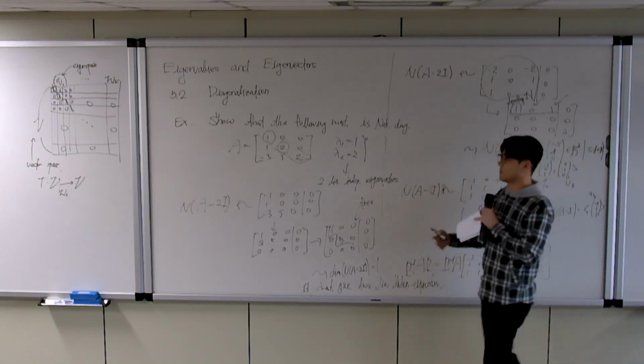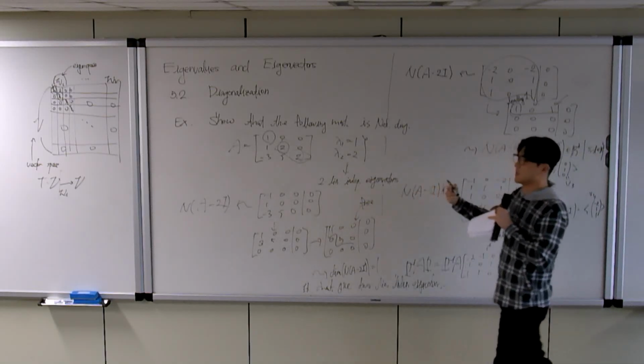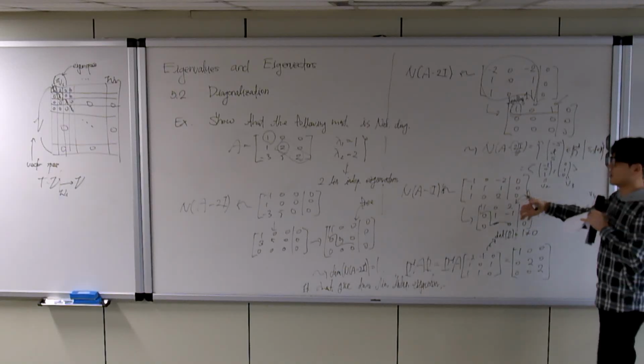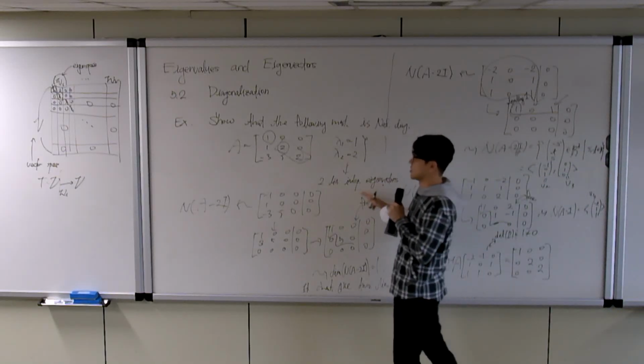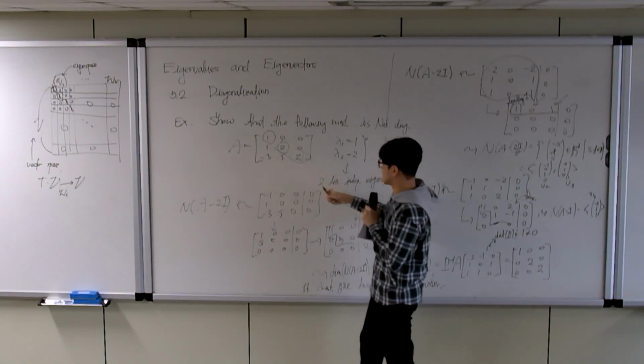And in this case also, the eigenvalue is the same, and the multiplicity is also 3, same as the identity matrix.